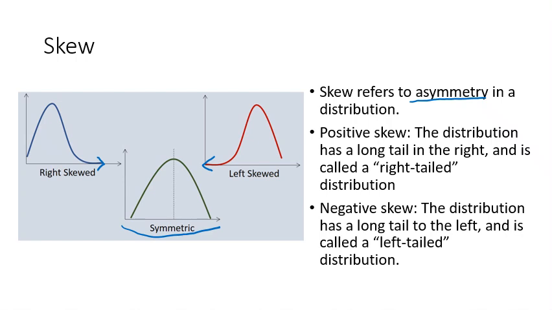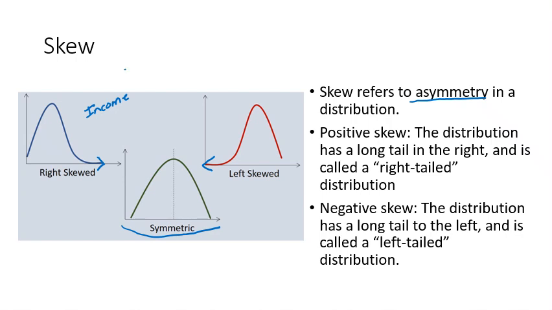So you can just draw a little arrow on that tail to remember whether you're looking at left or right skew. In this case, the data will represent a distribution that has a lot of values that are different from the majority of values. And this is an important concept that we'll be working with in our next chapter. And you may recall that our income distributions in the video we watched had a right skew.